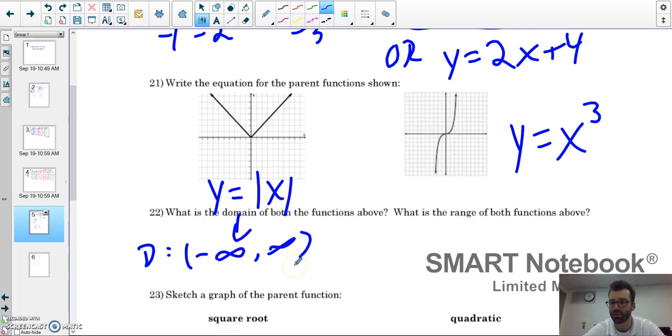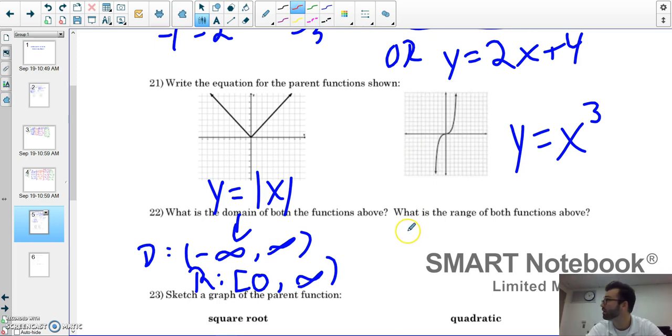I can take the absolute value of any positive number or any negative number. My range of my parent function is different, because when I take the absolute value of a negative number, I will not get a negative number. So my range must be, remember, range you read from the bottom to the top. Domain is left to right. So as I go from the bottom to the top, the lowest possible y value is 0. The highest is infinity.